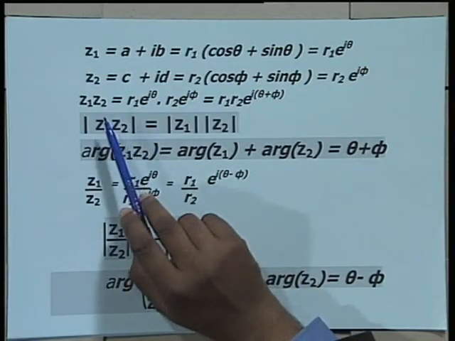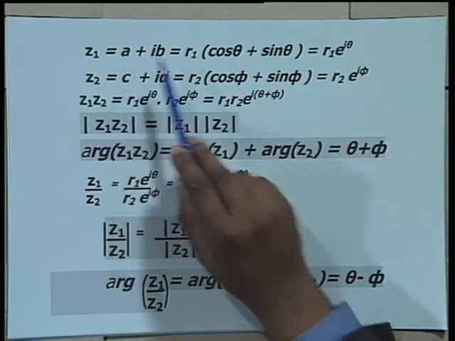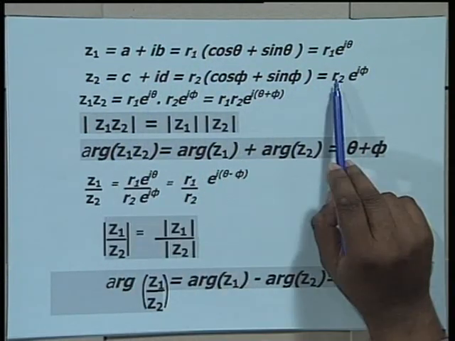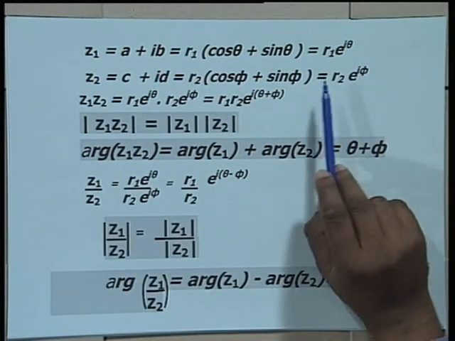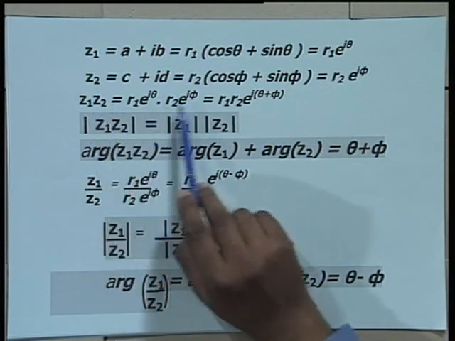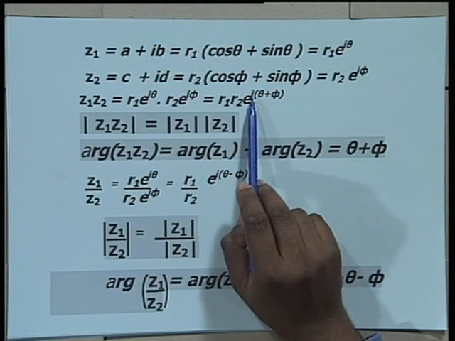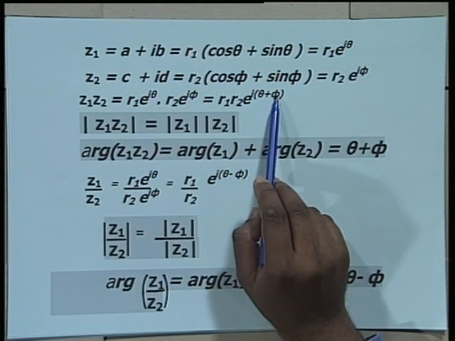Let's see what will be the modulus and argument of a product of two complex numbers. We find that if z1 is r1 e^(i theta) and z2 is r2 e^(i phi), then the product z1 times z2 will be r1 r2 e^(i(theta plus phi)).